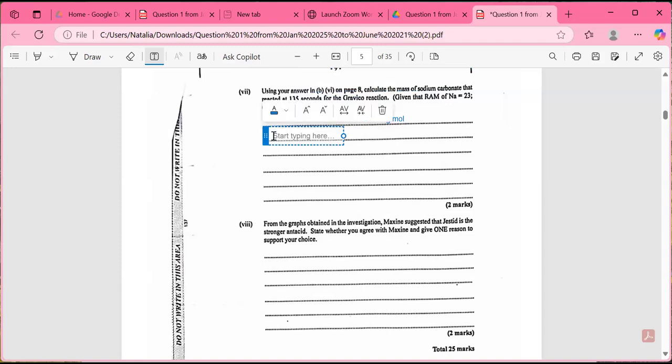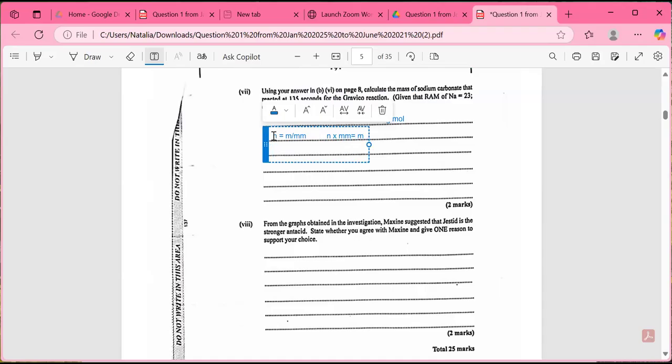So we're going to use the formula: number of moles is equal to mass divided by molar mass. If we rearrange this equation, the number of moles times the molar mass is equal to mass.